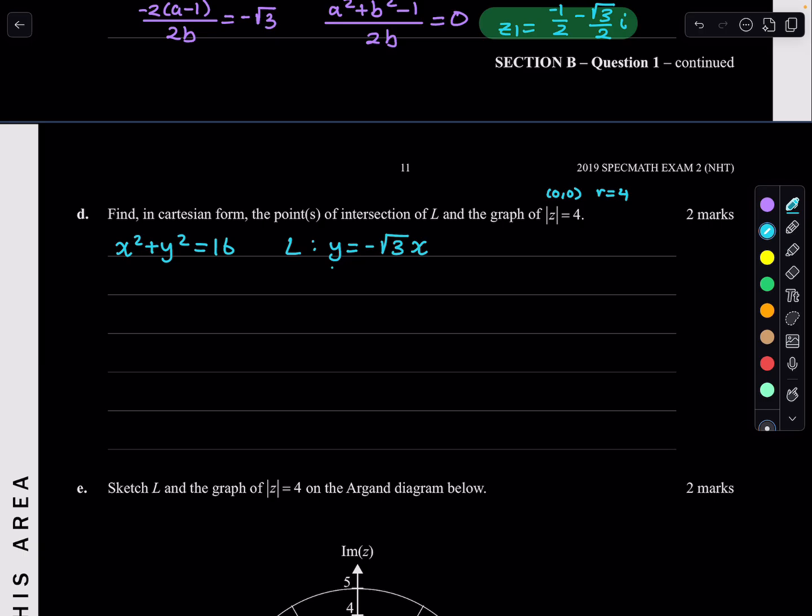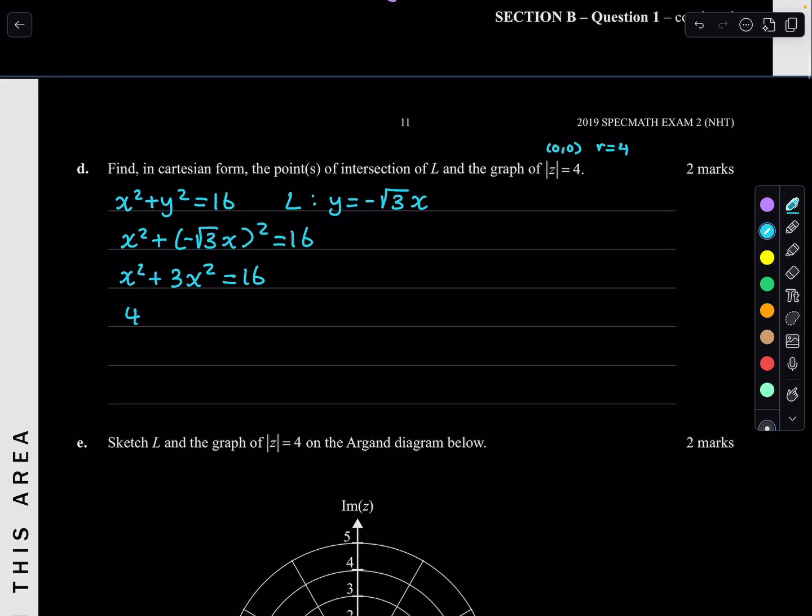So I'm going to sub this y into this x. So it'll be x squared plus, y is negative root 3x, all squared equals 16. So x squared plus 3x squared equals 16, which is 4x squared equals 16, x squared equals 4, hence x is equal to plus or negative 2.